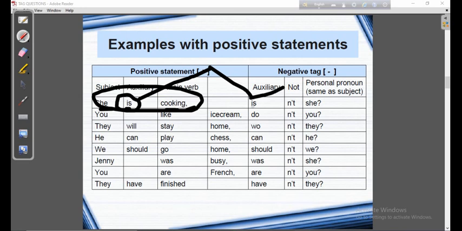Is not, in short form it will be isn't. Then, isn't she? Dear students, remember, if the subject is a noun, you will have to write the pronoun. Here "she" is the pronoun, so same as the subject. But if it is "Laila is cooking," then it will be "isn't she."